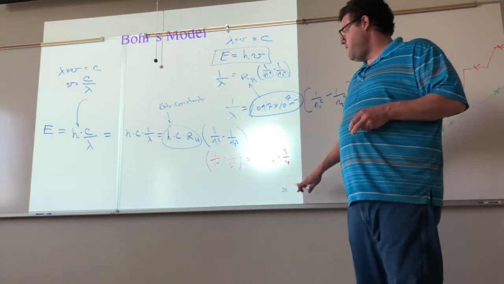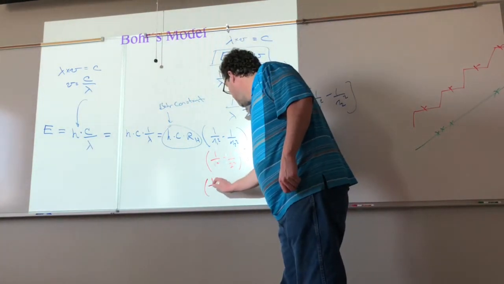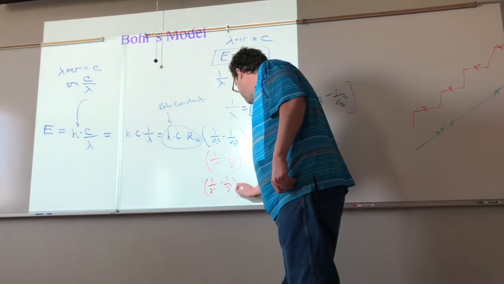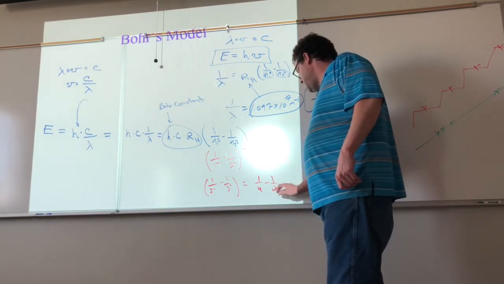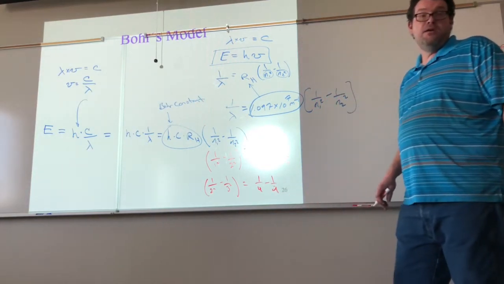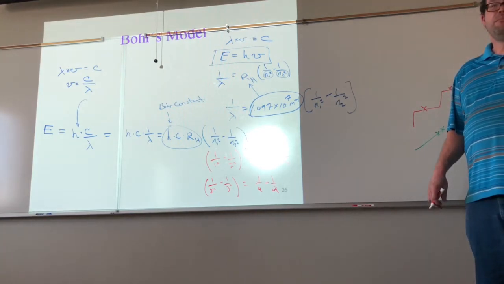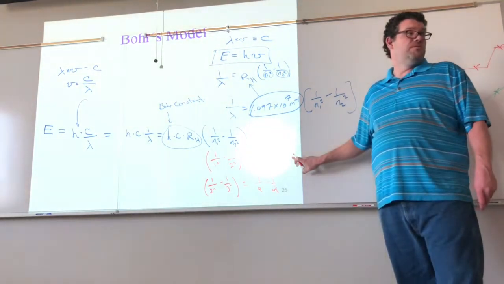Now what if you plugged in the next two numbers, like 1 over 2 squared minus 1 over 3 squared? That's 1/4 minus 1/9, whatever that is. But is 1/4 minus 1/9 anywhere close to 3/4?